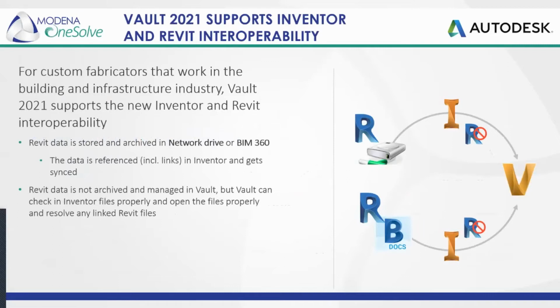For custom fabricators that work in the building and infrastructure industry, Autodesk understands that you want to provide more value to your customers. Inventor 2021 now provides seamless integration with Revit data and maintains associative links for seamless interoperability.